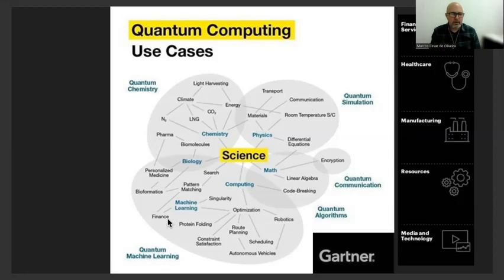So for example, for bioinformatics, for finance and protein folding, and also for route planning, there are many applications used in industry that can be implemented if you have a quantum computer that can give a better solution for your optimization problem than any classical computer.